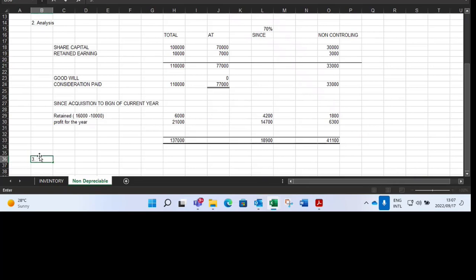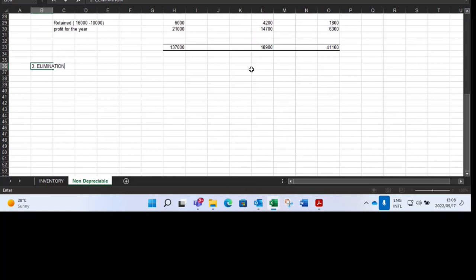Okay, now we're gonna go to the elimination. So we have a share capital, we're gonna have a debit and credit. These are the journals. So we eliminate share capital. It was credited, but now we're going to debit it because we are taking it off.